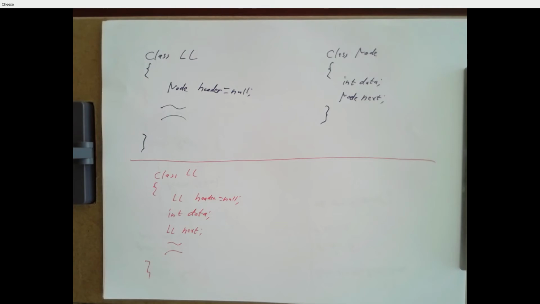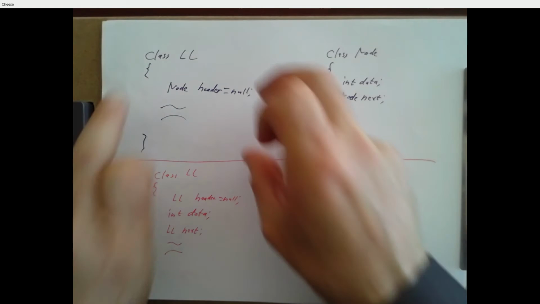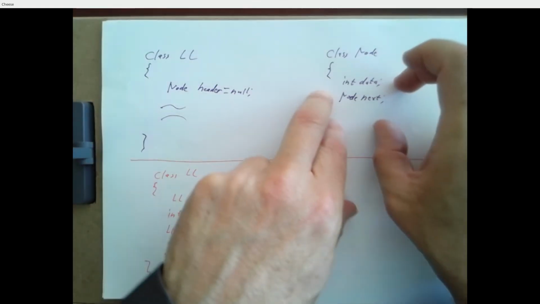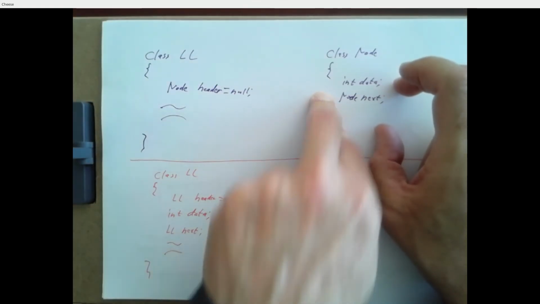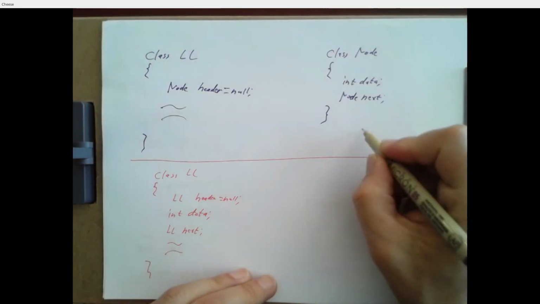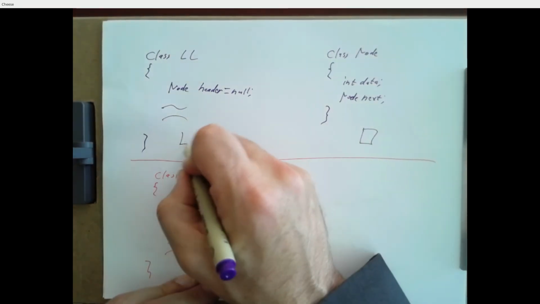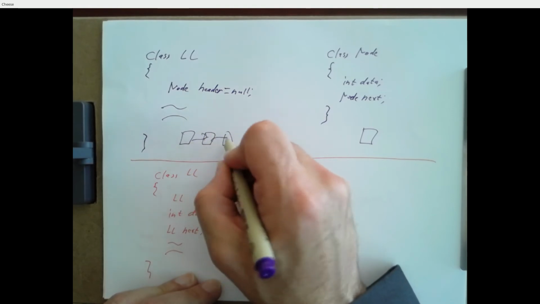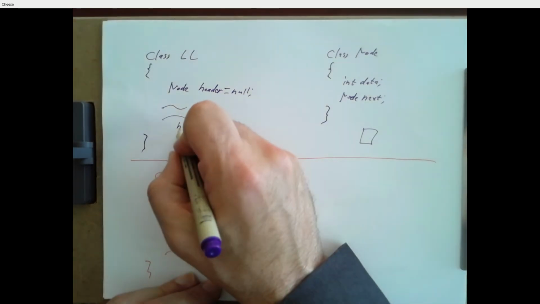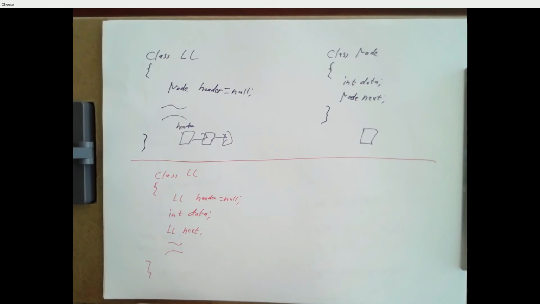But in some cases, people used a single class for both the list itself and the nodes in the list. And this works, okay? It compiles, it runs, it does the right thing. But logically, it's sort of combining two things that should be thought of differently from each other. This is the linked list. These are the nodes from which the linked list is made, right? These are little boxes. This is a collection of boxes pointing at one another with some sort of handle to the first node.